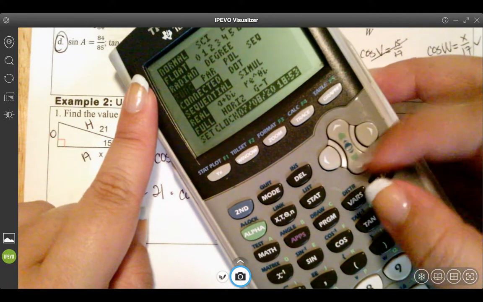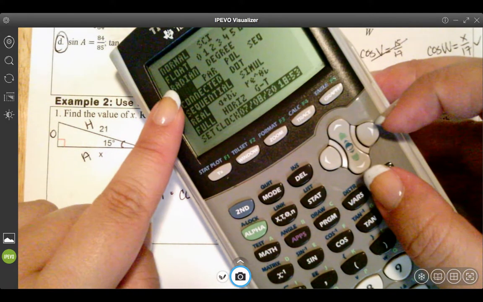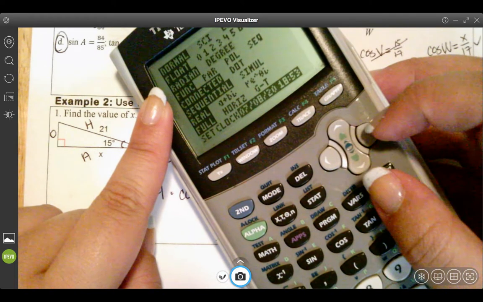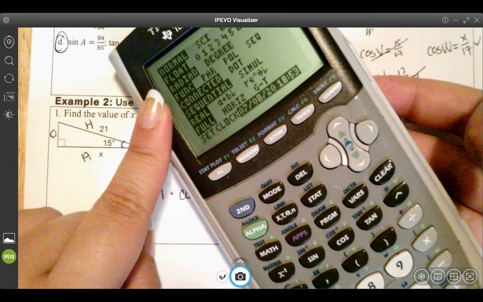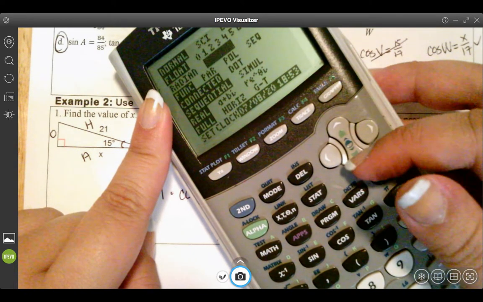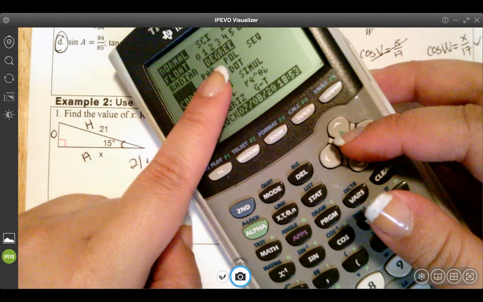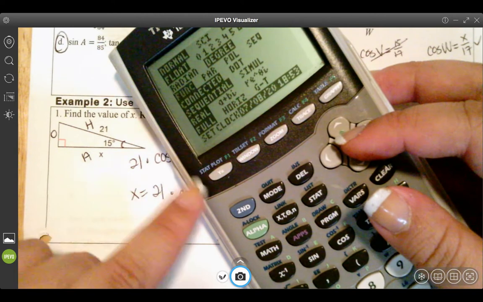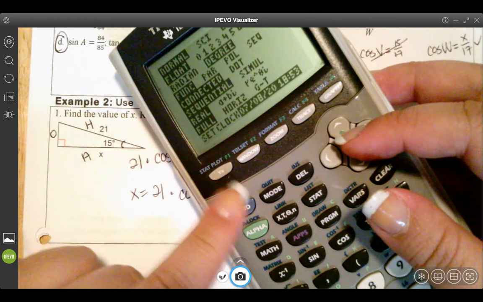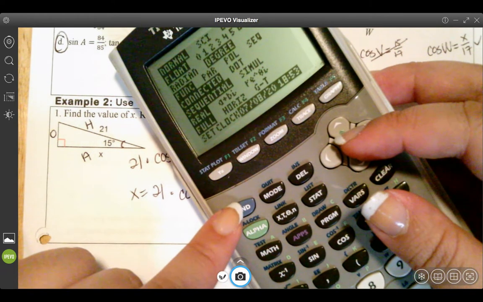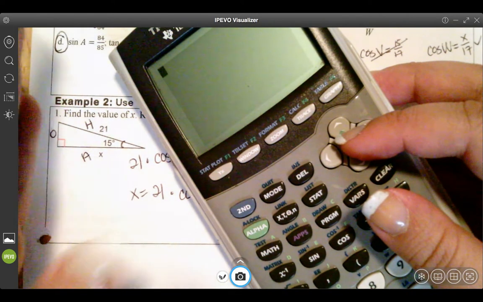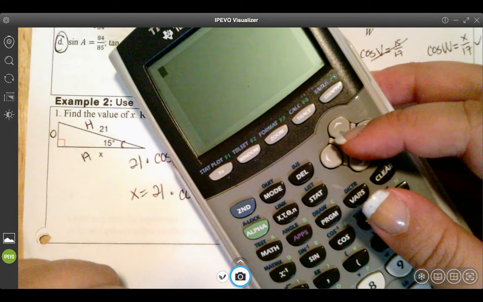If your calculator has the black box around radian, you have to go up, put your cursor over degree, hit enter. Then when you click down or up, degree should have the black box around it. To get out of this, you're going to do second and then quit, and it will take you back to your main screen.